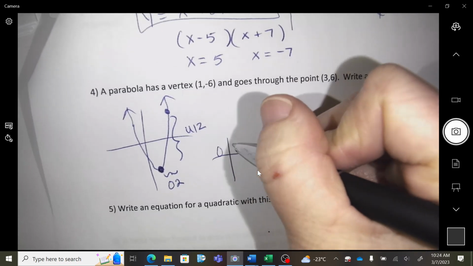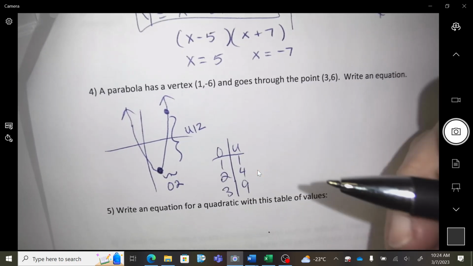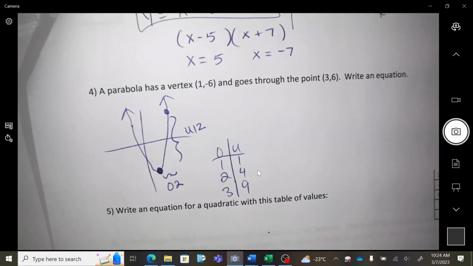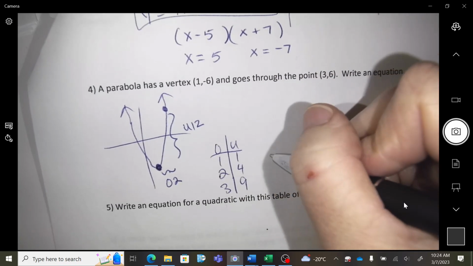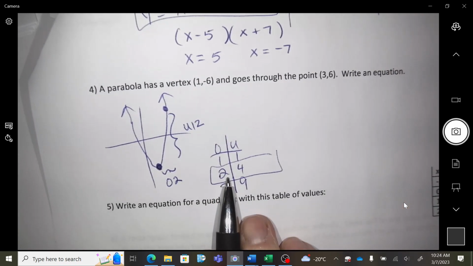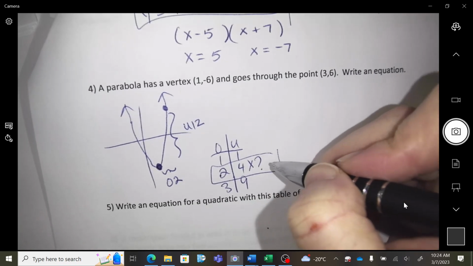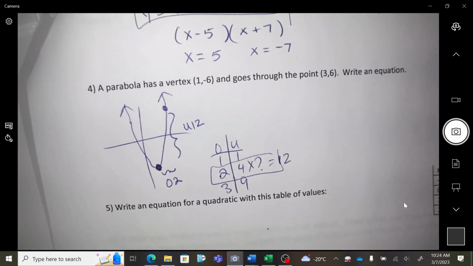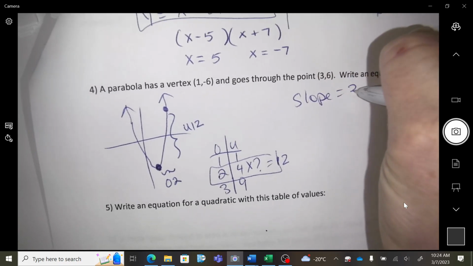Is that something I would see on this chart? No. This is the what should happen, and it's not what happened. So then 2 over should just be 4 up, but I went 12 up. So therefore, the slope is 3.